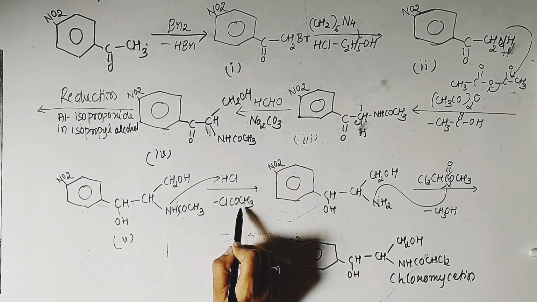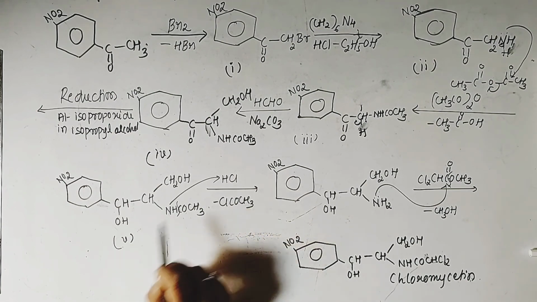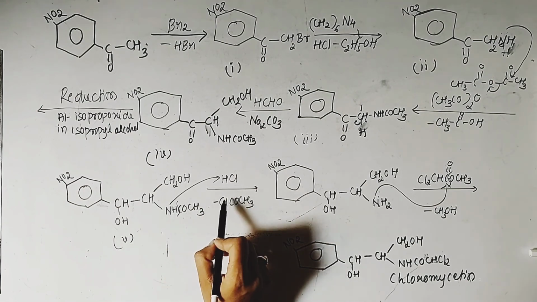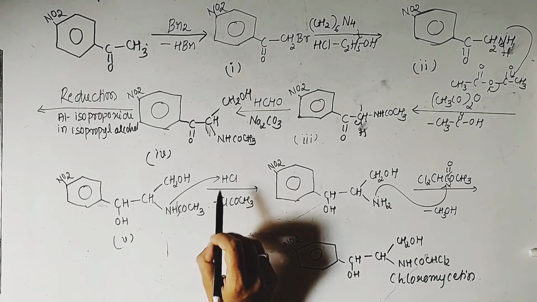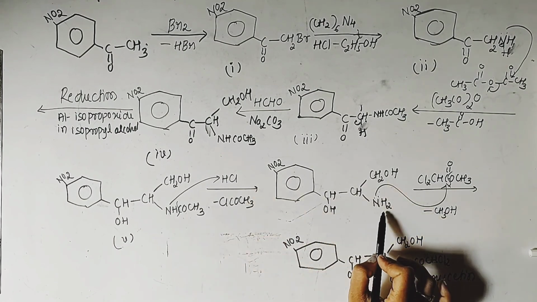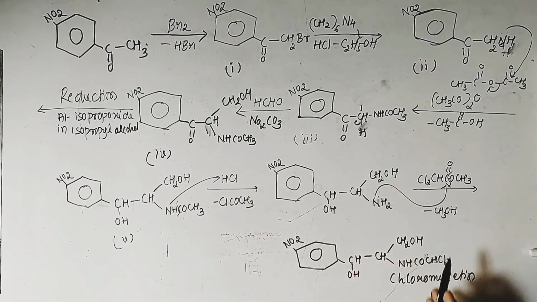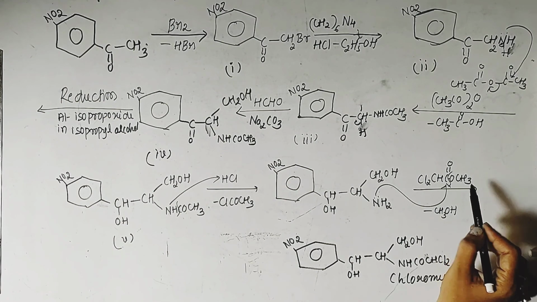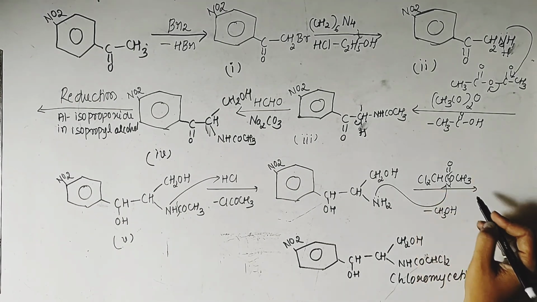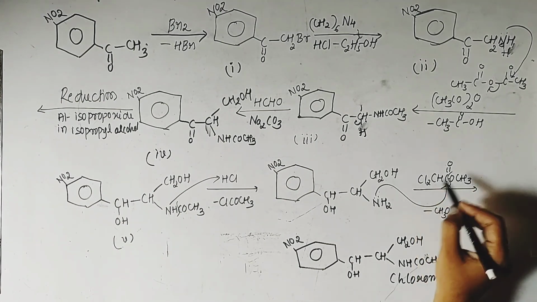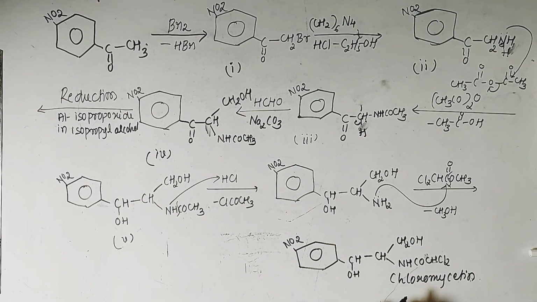One byproduct is removed here, that is eliminated, that is the acid chloride. Then later once again we get the amine here. But actually in the product we want the COCHCl2. For that we are using dichloroacetic acid here. So after that reaction we will get our final product.